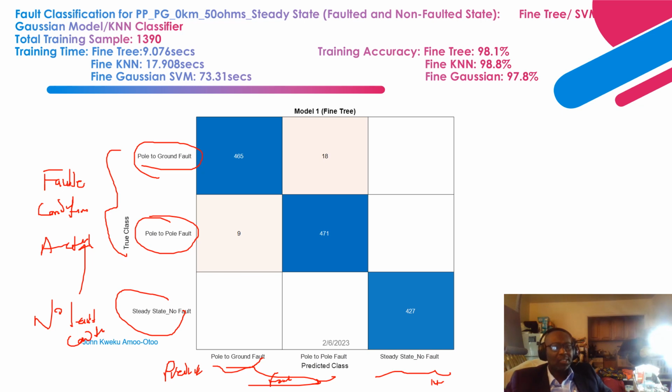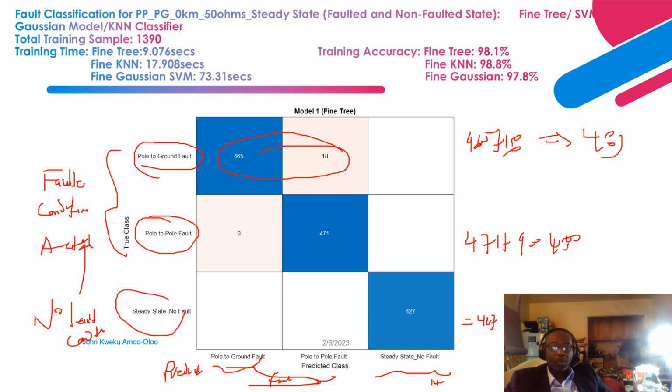As you can see over here, for a pole to ground fault, the total data is 465 plus 18, which is 483. For pole to pole fault, the total is 471 plus 9, which is 480. And for steady state, it's 427.